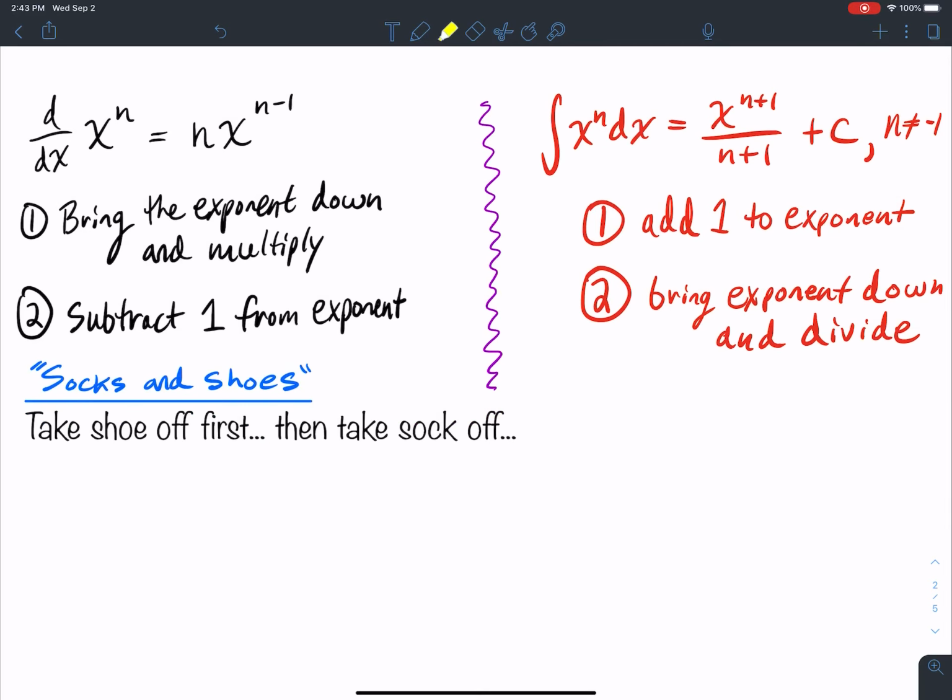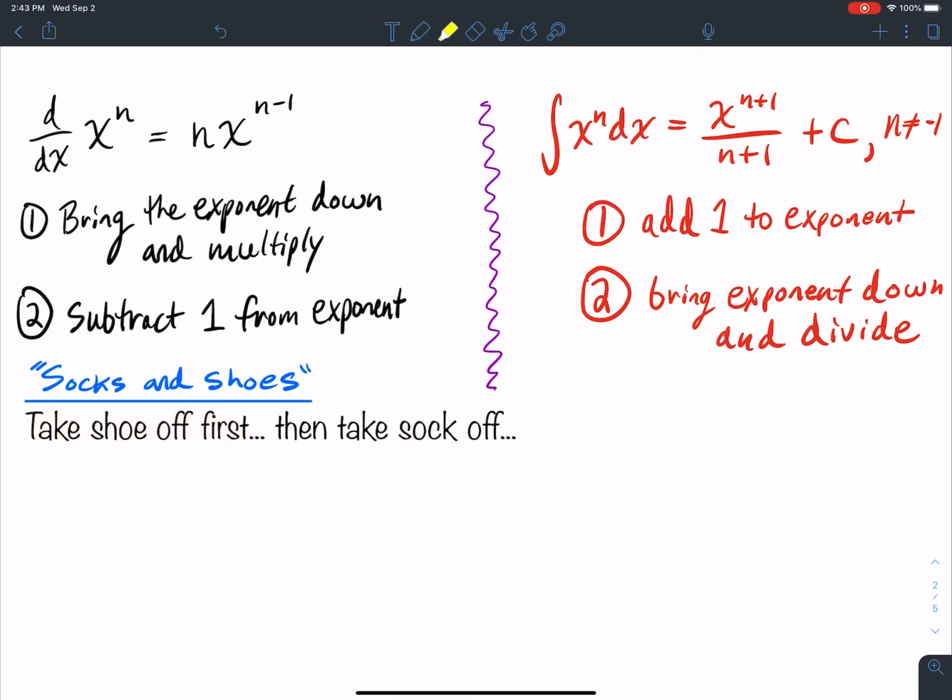So once you have that on, at the end of the day, what's going to happen? Well, when you get home from the day at work or school or whatever, first thing you do is you take off your shoe, okay, because you had your shoe on the outside of your socks, right? And then you take off your socks, all right?